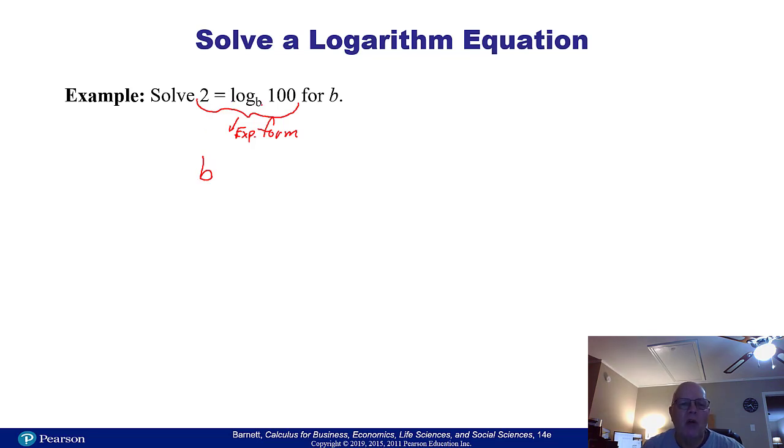Well, remember, logarithms are exponents. So there's the exponent. What's it equal to? Well, the number I haven't written down yet is 100. And you can tell right away, b squared equals 100. b is 10. Of course, you always want to take this and double check and make sure that works.